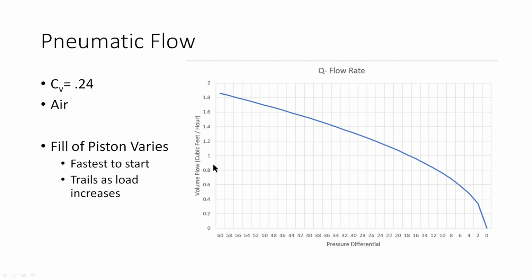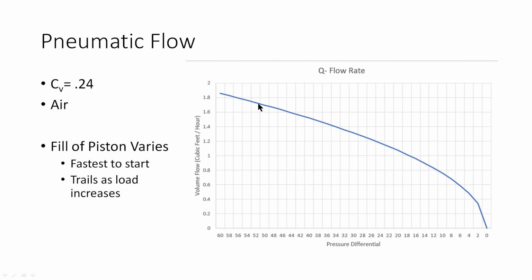And what I mean by that is if there's no back pressure on the other side of the piston, or on the other side of the solenoid valve, is another way to think of it, my flow is really high. You can see that at 60 pounds per square inch of differential, meaning that there's no restriction on the other side of the piston, I have a pretty high flow rate here, 1.9 or so, it looks like, cubic feet per hour. So a pretty decent flow rate.